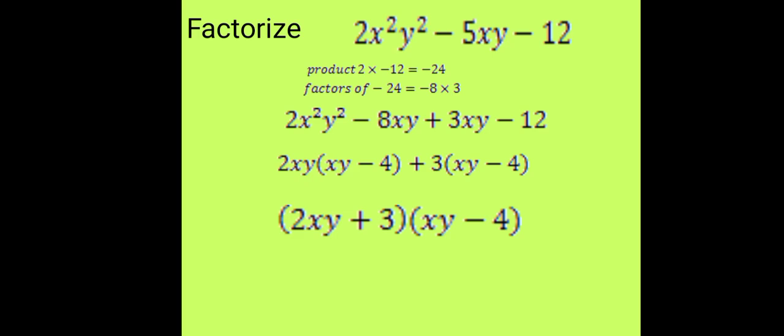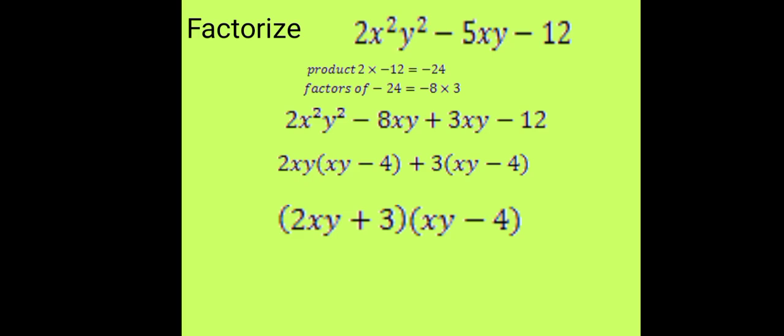So break 5x into negative 8 and 3, it becomes negative 8xy plus 3xy. So it's now easier to factorize.